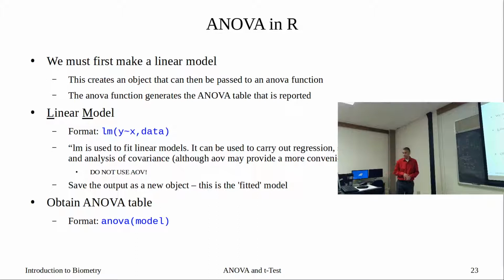So you'll see that. What I'm going to introduce you to is this other method, which is for us to first create a linear model using the lm function. And then once we create our linear model, we'll obtain an ANOVA table. All right, why do we do this? I do this because as we add variables, as we add independent grouping variables, this is what we're going to use.